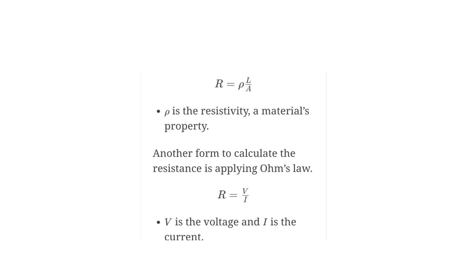If you combine these two proportionalities, then R is proportional to L by A, or if you get the proportionality by the equal sign, then rho will come into the picture. Rho is called resistivity, a material's property. Another form to calculate resistance is applying Ohm's law. R is equal to V upon I. V is the voltage and I is the current.